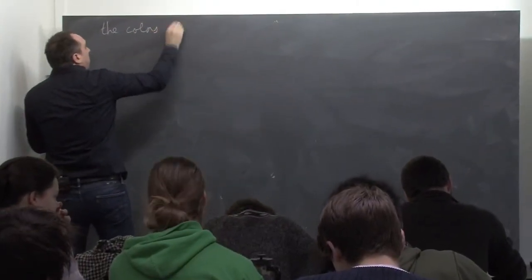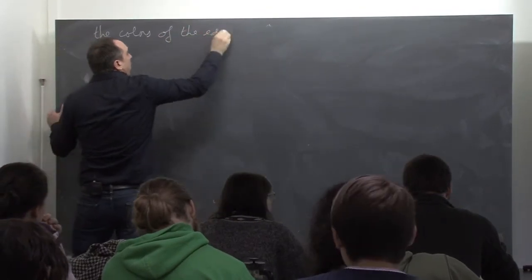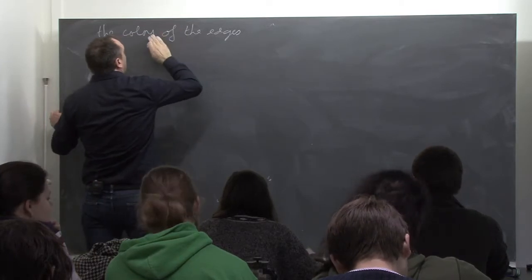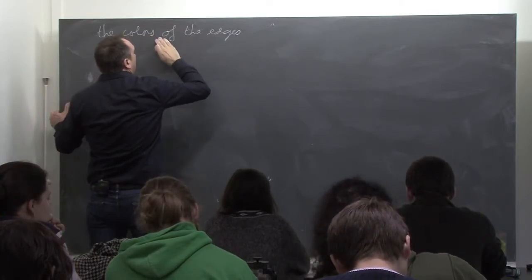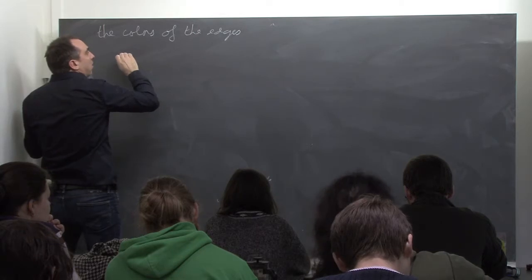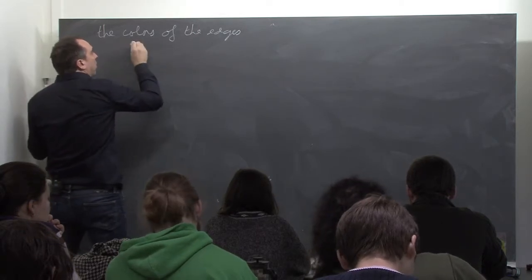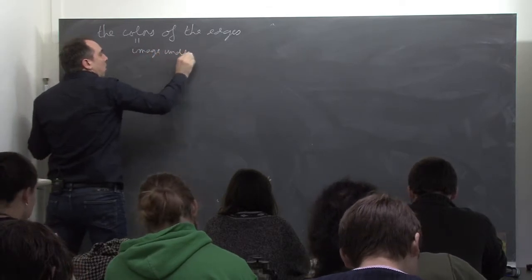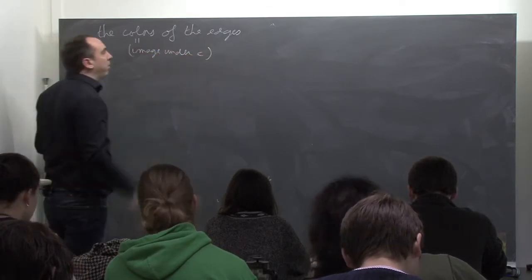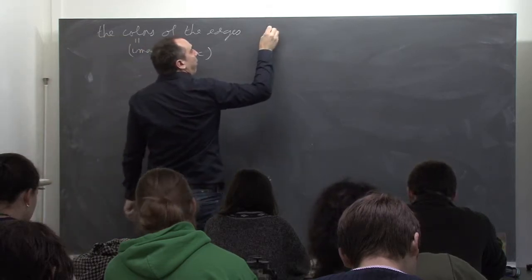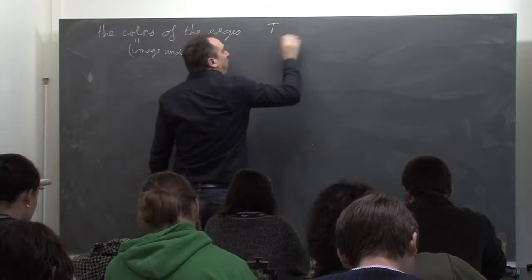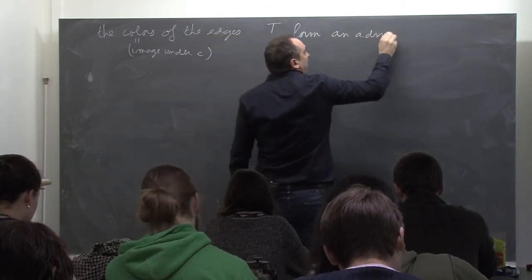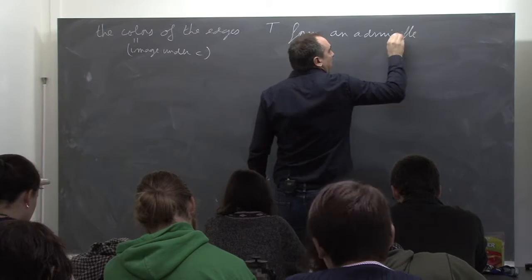The color of the edges... so the color is, this is image under the R map of T form an admissible triple.